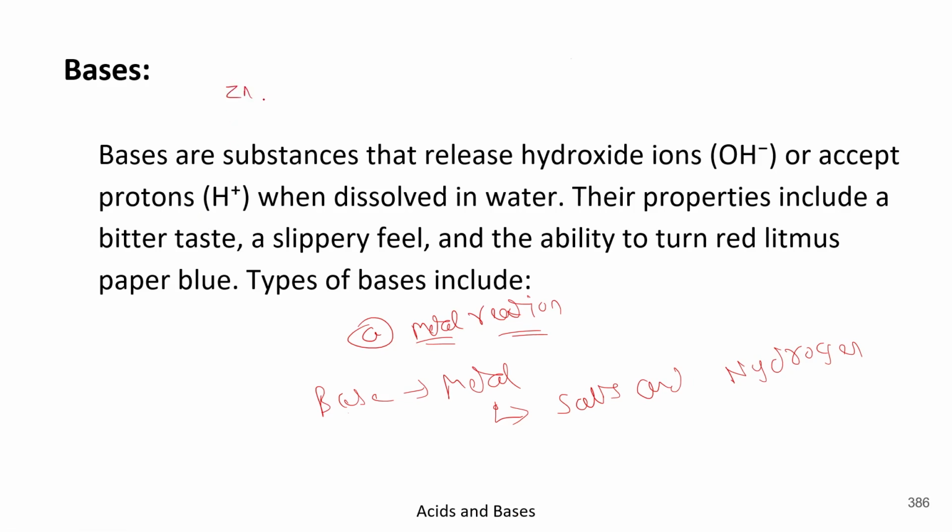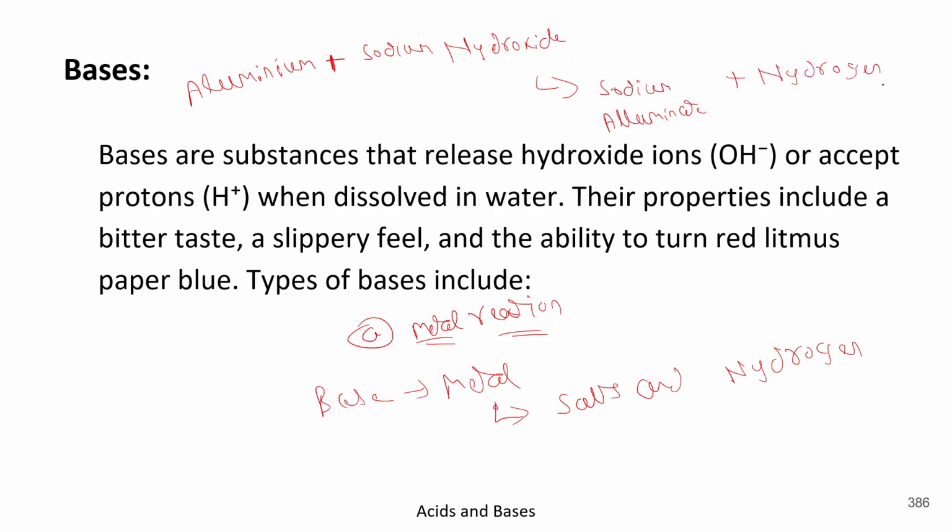For example, aluminium plus sodium hydroxide gives sodium aluminate plus hydrogen.